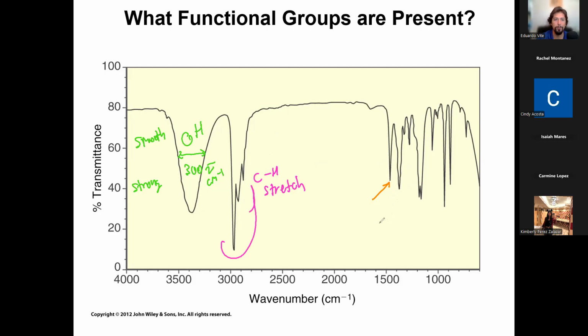If that was something, what could it be? Kind of a weak, sharp peak. It's somewhere in the double bond ranges between 1400 and 1800. This is where you would usually find double bonds. So what kind of double bond?